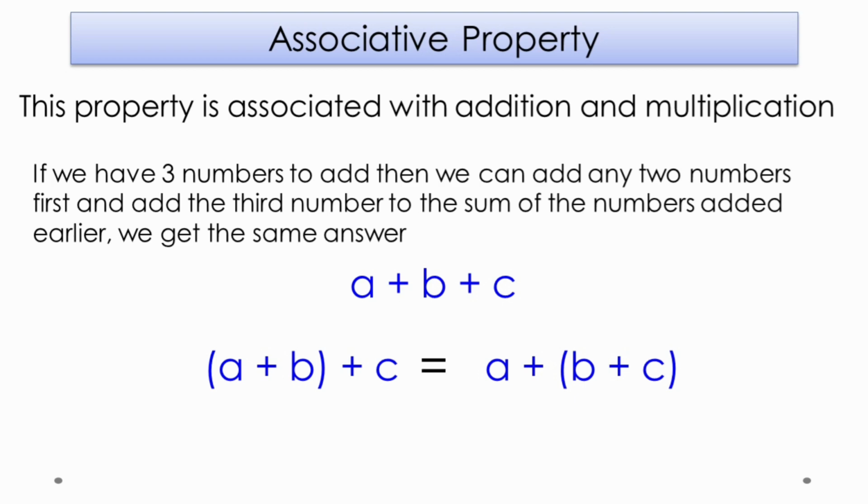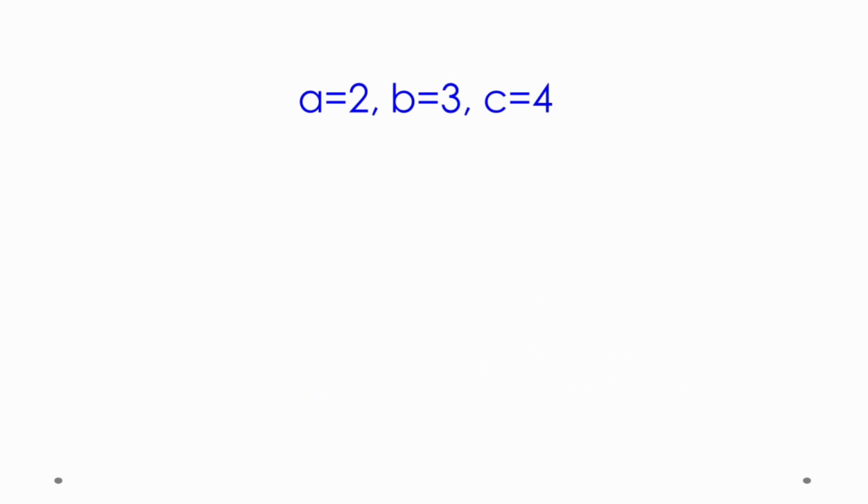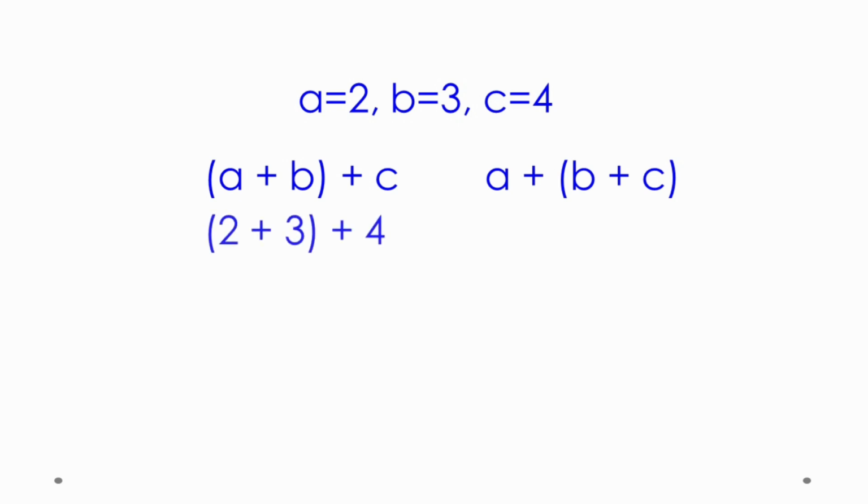Let's say for a, b and c, we have numbers 2, 3 and 4. Let's see what happens when the sum of a and b is added to c, and on the other hand, the sum of b and c is added to a. The addition of a and b, that is 2 plus 3, gives us 5.